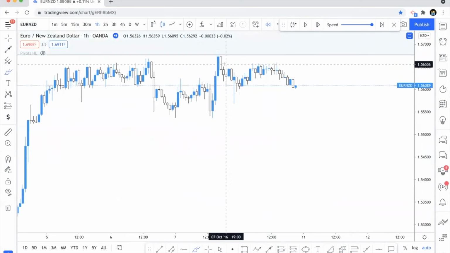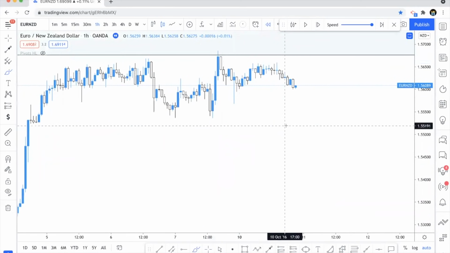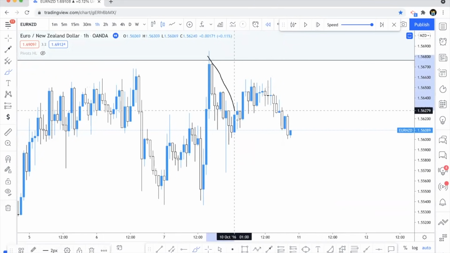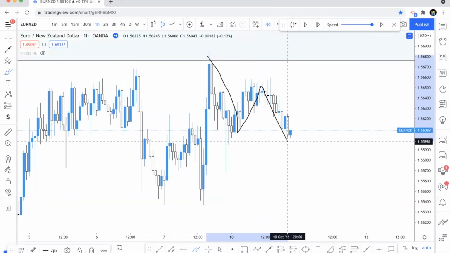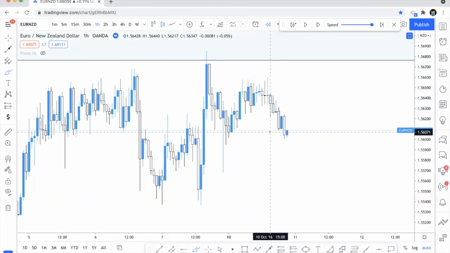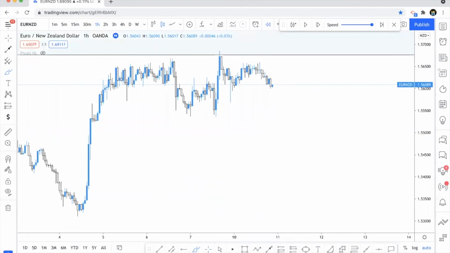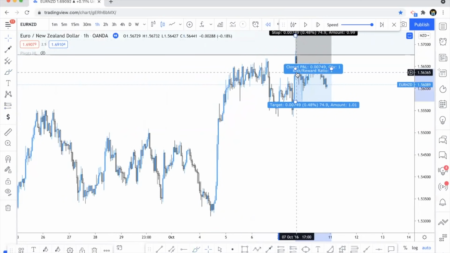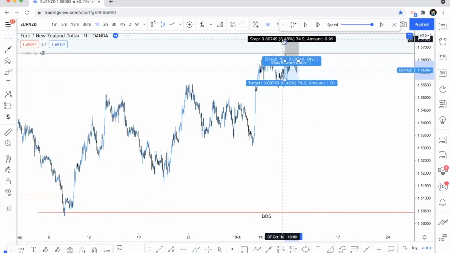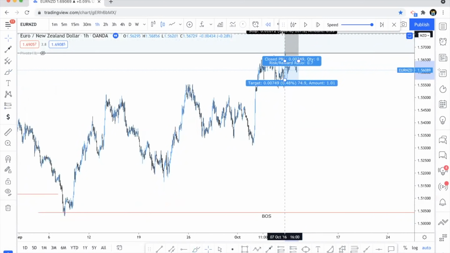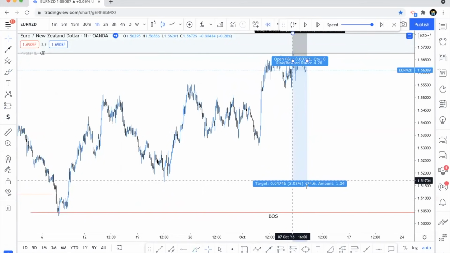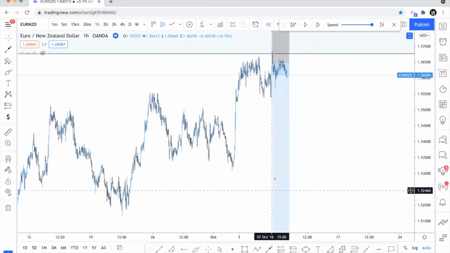Once it hits us here, the number one thing we have to do is see that the break of structure is occurring here. A lot of retail traders, as soon as they hit their order blocks, will put their risk to reward tool here and maybe do something dumb like putting the risk all the way to that high, and then putting their reward tool down here.